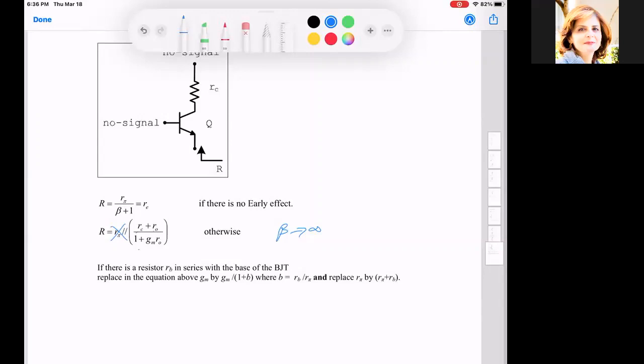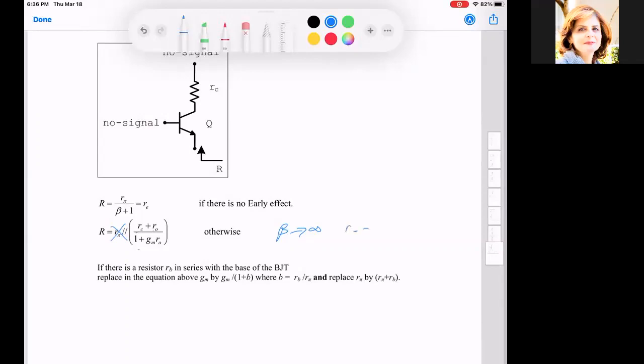Now, I don't know even if he gave us RO. Let me reread the given. So in this problem, he said the bipolar have large beta, and he did not mention RO. So in this scenario, if RO is very large, okay.